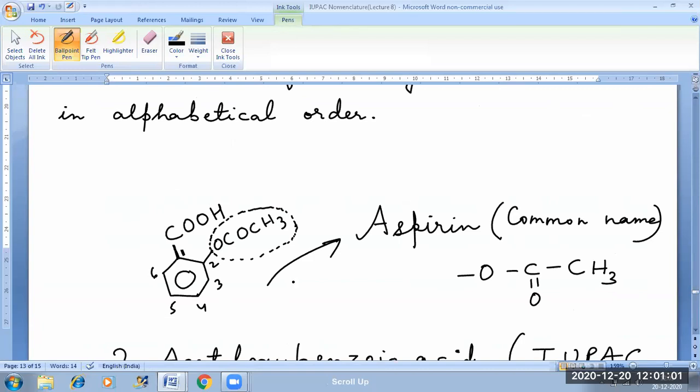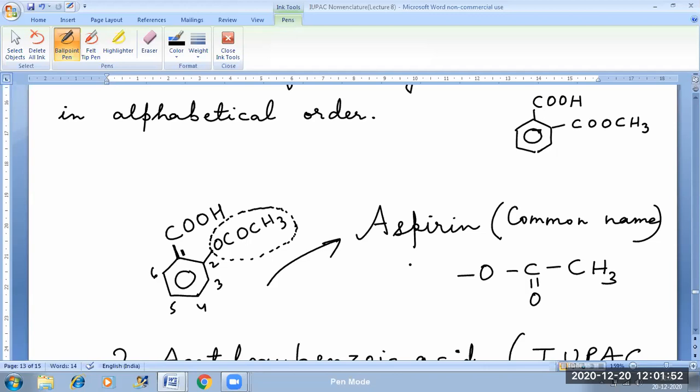Now see, one thing I'll have to show. If I write this compound, is there any difference between this compound that I've drawn here and aspirin?